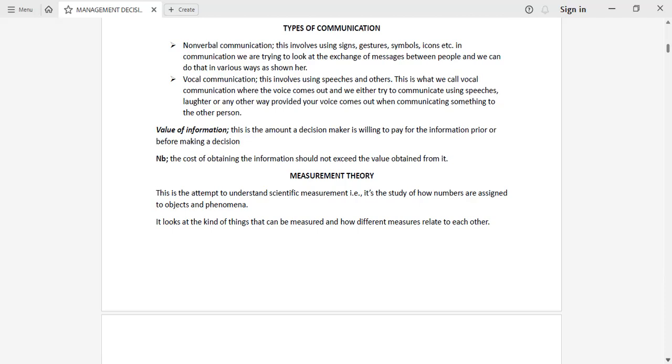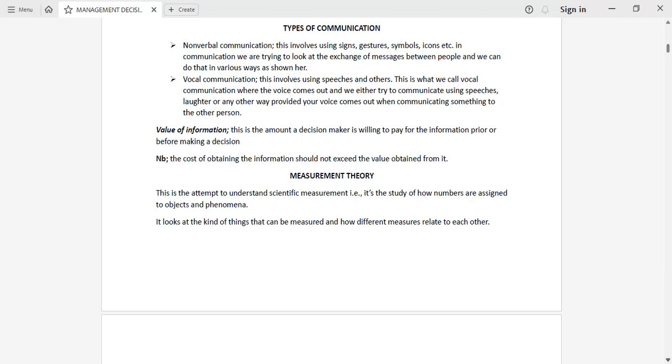So long as there is a voice coming out of someone, directed to another person, then we call it verbal.